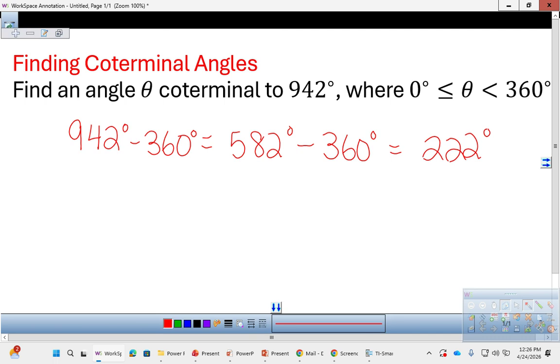So basically I'm just subtracting a full rotation until I'm somewhere between 0 and 360. If you have a negative angle, you're going to add 360 until you have an angle between 0 and 360. These are called coterminal angles because they land in the same position. One just has more rotations than the other.